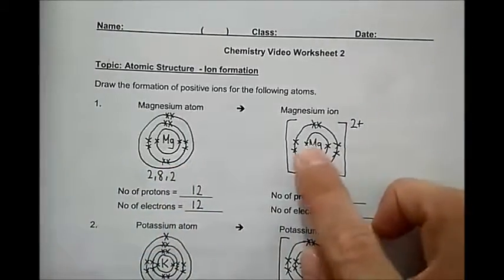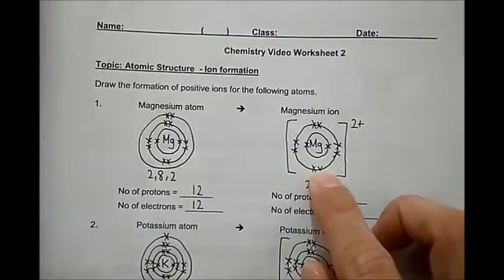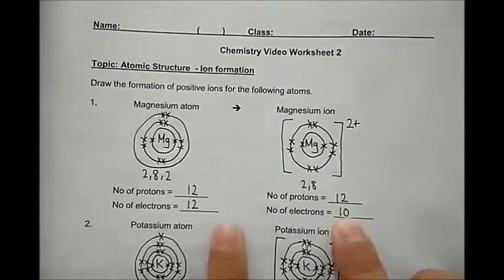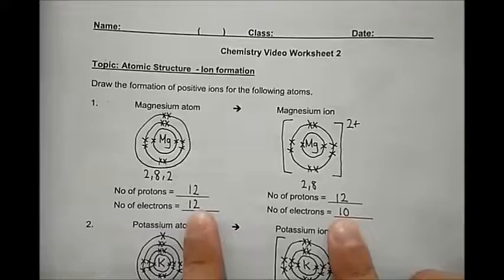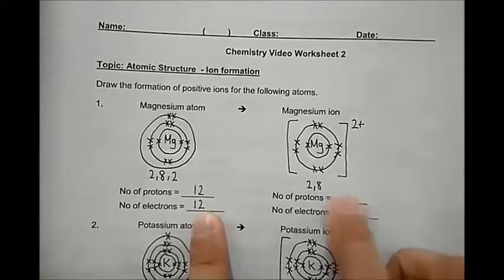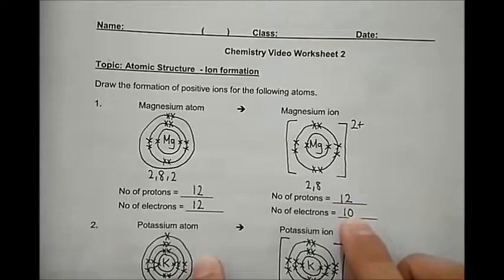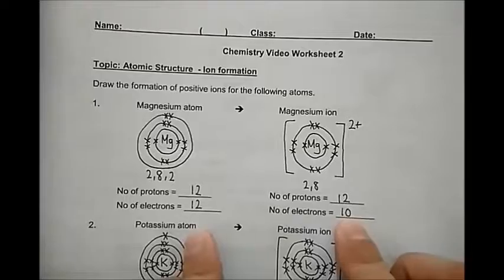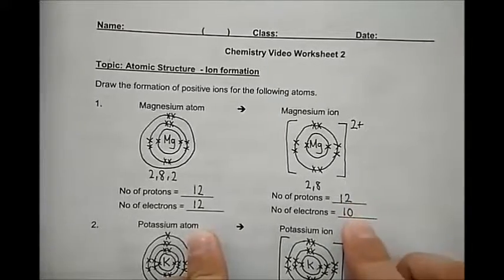You will get 2 on the first shell and 8 on the second shell. 2 plus 8, you will get 10 electrons. So you compare the atoms and the ions. Positive ions will have more protons as compared to electrons. The number of protons doesn't change, however, the number of electrons decreases. So more protons than electrons.